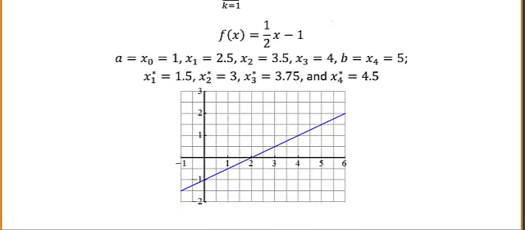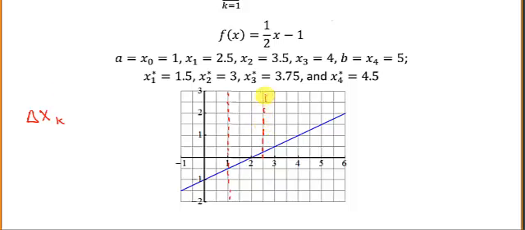Now let's first of all talk about the delta x sub k. I'm starting here at 1. I'm going to draw a dotted line here at 1 to indicate where we start. Notice that my x sub 0 is this 1. X sub 1 is 2.5, which is right here.